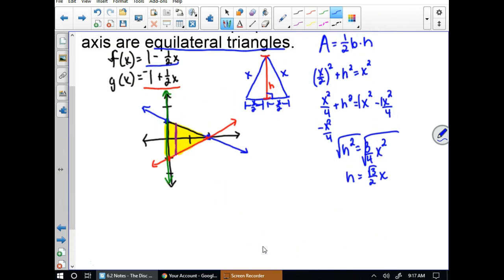So that's the height. That means the area would be 1/2 times the base, which is x, times the square root of 3 over 2 times x, which is the height. And if we put that together, we get square root of 3 over 4 when we multiply those two fractions together, and then x times x gives us x squared.